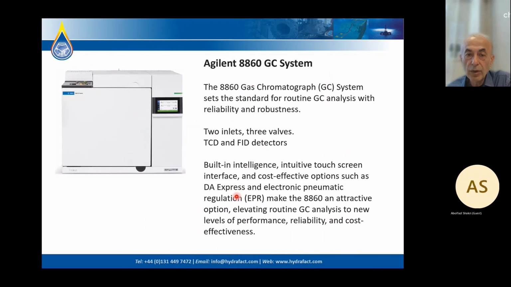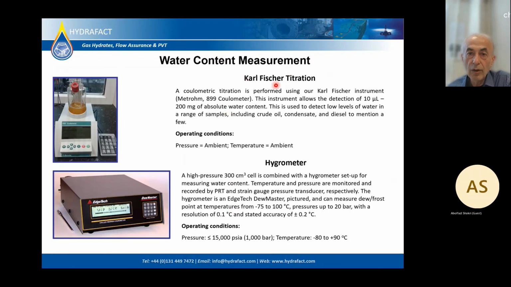This is a GC. This is a coulometer measuring the amount of water in hydrocarbon. This is a hygrometer measuring the amount of water in the gas phase. So this is water phase water content measurement. This is gas phase water content measurement.